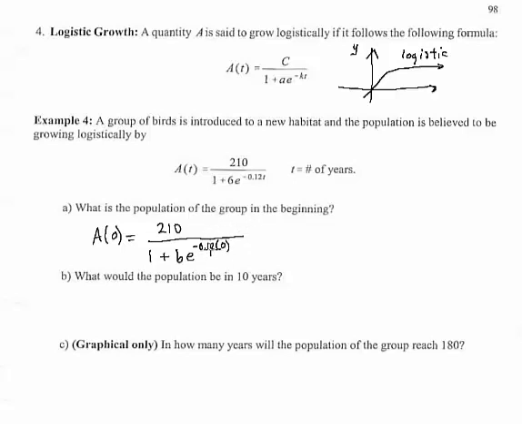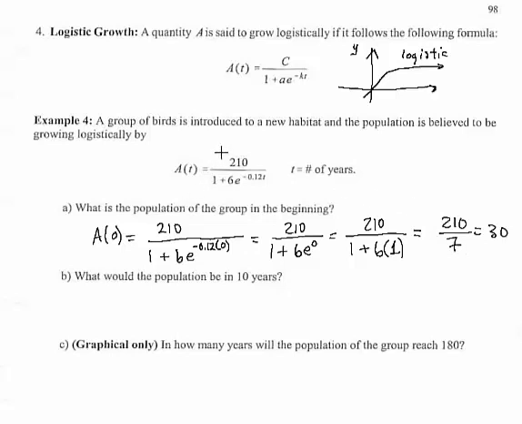And so 0 times 0.12, negative or not, we're going to get an e to the 0. And anything raised to the 0 power is just 1. So e to the 0 gets replaced with 1. And we end up with 210 over 6 times 1 plus 1, which is 7, and we end up with a population of 30.